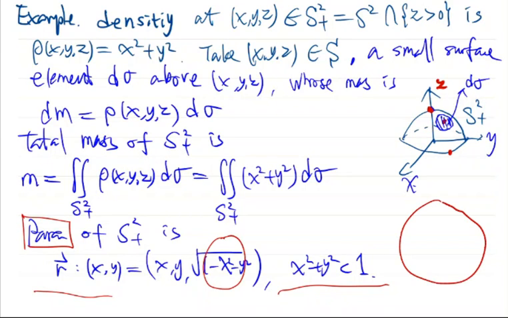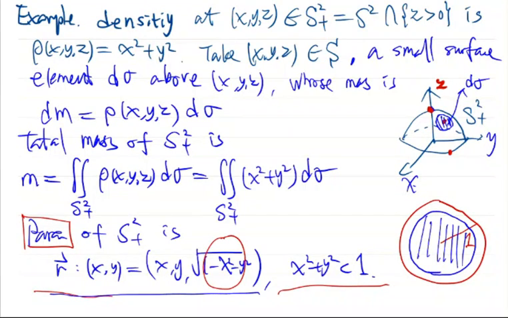So this is the disk of radius 1. We compute our integral in this slightly smaller disk. This is a parametrization of a part of the sphere, but not the hemisphere.